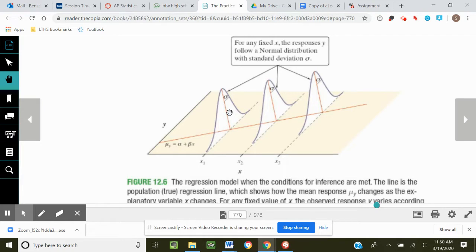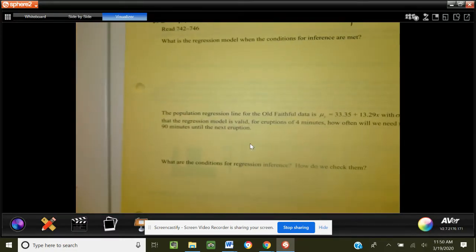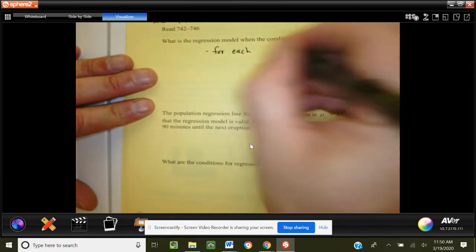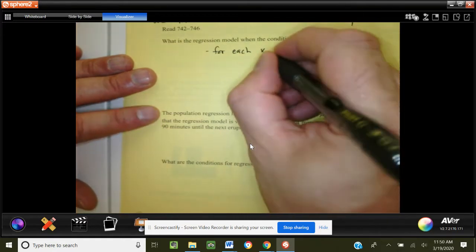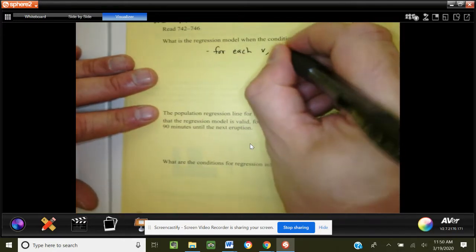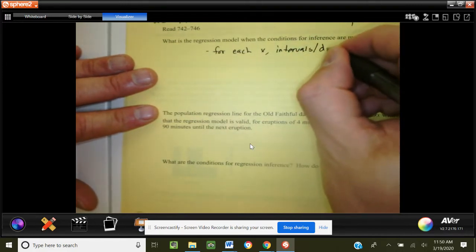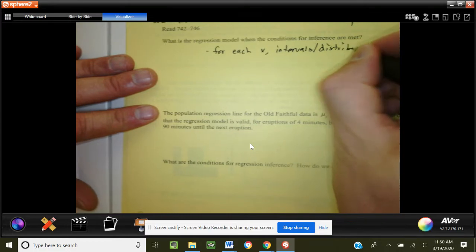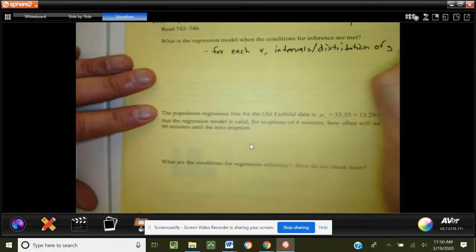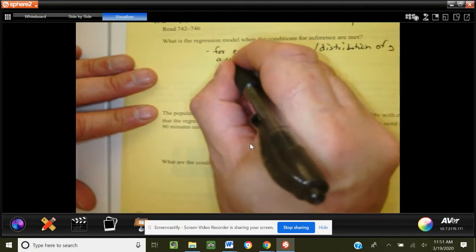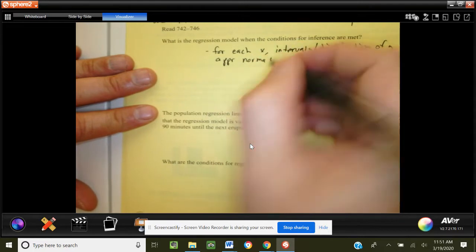Okay. So when we talk about the regression model here, again, we're just going to put that to paper here. So for each X, the distribution of the Y values should be approximately normal. Okay.